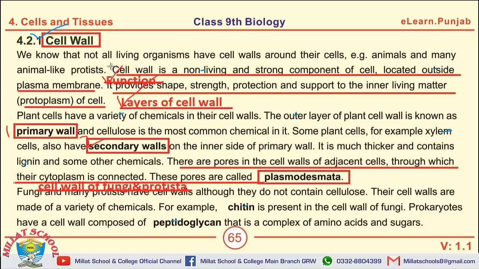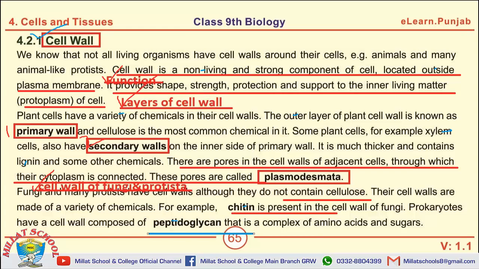The next question is, what is the difference between cell wall of plant cell and the cell wall of fungi and Protista? The fungi and Protista don't contain cellulose. Rather, their cell walls have chitin and peptidoglycan in their cell walls.